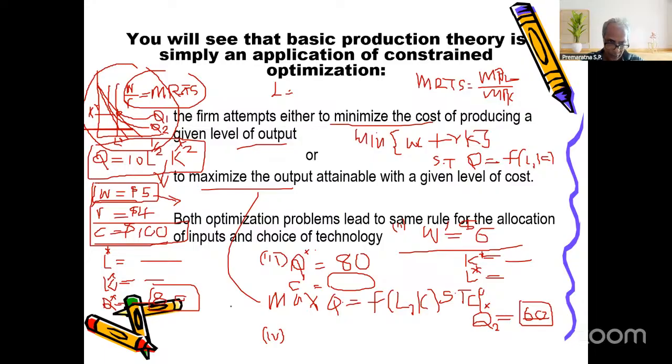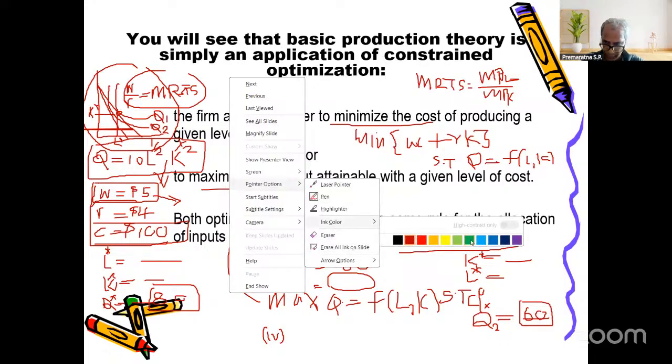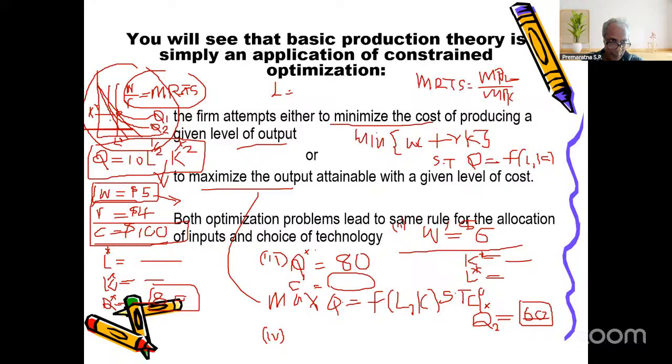Now, the last part of the question, meaning the third part of the question, is basically that you now have the second isoquant curve after taxing. What you have to do is reach the original amount of output, what we assume is 80.